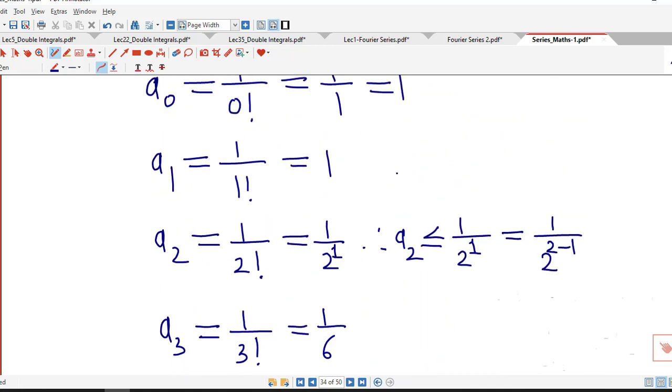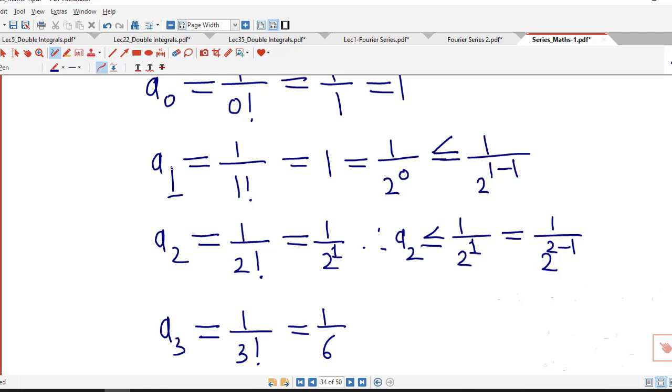And this we can rewrite: a1 is equal to 1, which can be written as 1 over 2 raised to 0. So that I can rewrite as 1 over 2 raised to 1 minus 1, and I can write less than or equal to also.